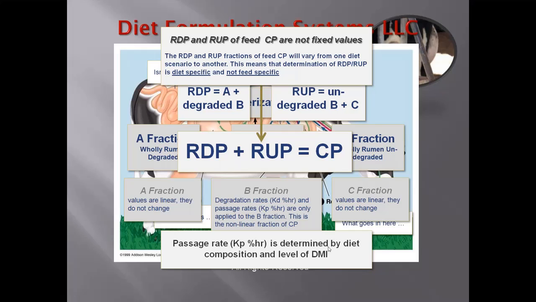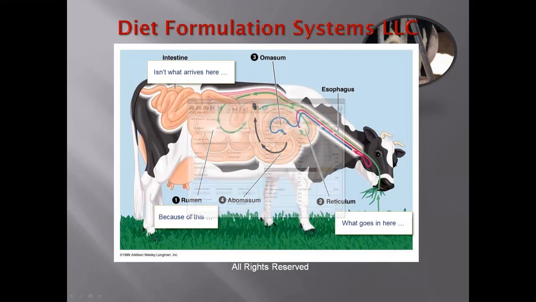They are diet specific, not feed specific. And that means that from one diet to another, the RDP and RUP value of the feed can be different. If there's a B fraction, it will be different, and it will be dependent on passage rate and degradation rate. Degradation is a fixed rate per hour. The real variable in all of this is passage rate. That's the unknown. That is only determined if we know diet composition and intake.